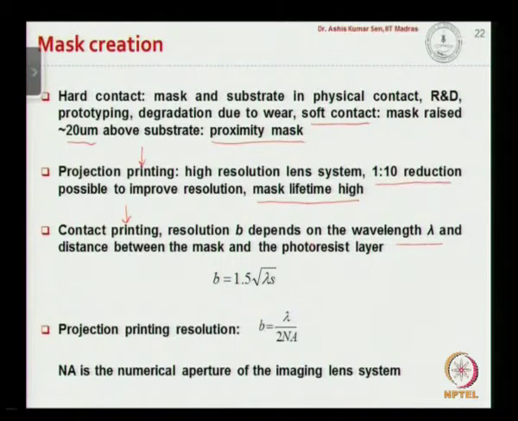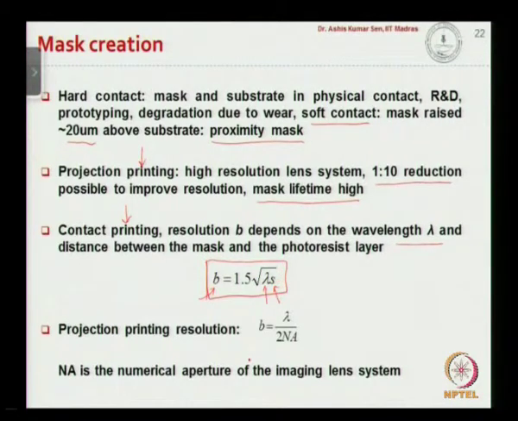Even in hard contact, there will always be a gap between the mask and the photoresist layer. So that would also affect the resolution in addition to the wavelength. So this is the formula that we can use to find out the resolution of the pattern if you know the wavelength and the gap between the mask and the substrate.